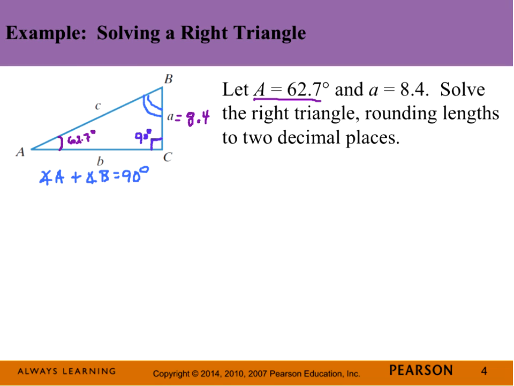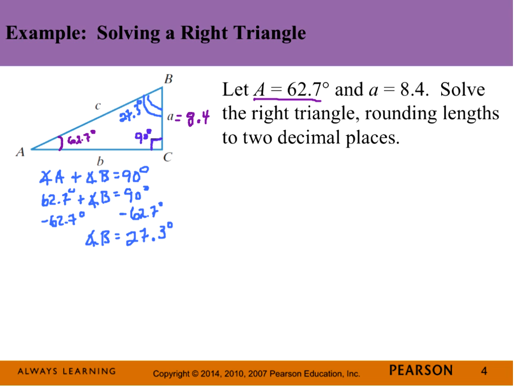I know the measurement of angle A, which is 62.7, plus angle B equals 90 degrees. I'm going to subtract 62.7 degrees off of each side of this equation, and I get that angle B is equal to 27.3 degrees.